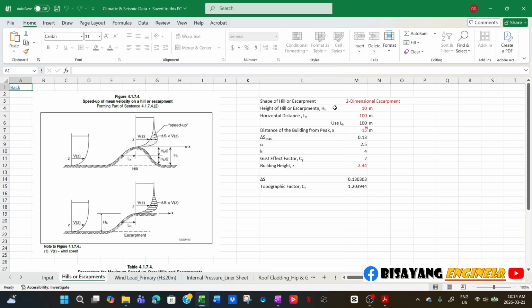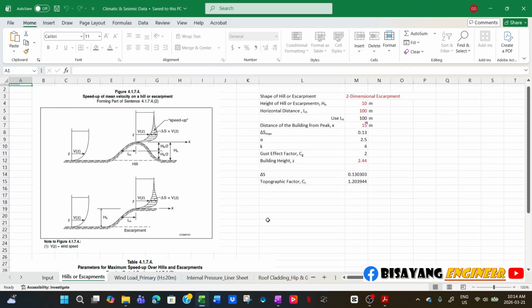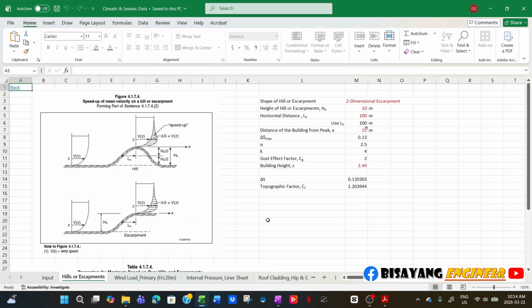But when you analyze the structure or the building for wind loading, you have to first determine if it's on a hill or escarpment, so that you will know if you have to increase the topographic factor, this 1.2.